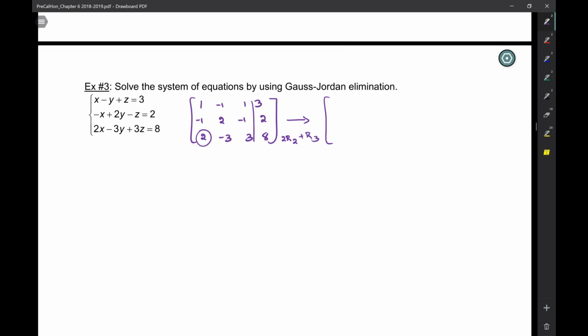Okay, so what do we get here? 0, and then 4, 1, right? And then here, -2 plus R3 is positive 1. And then here, 16 plus this is 24. Is that right? Oh, sorry, 2R2. So 4 plus this is 12.